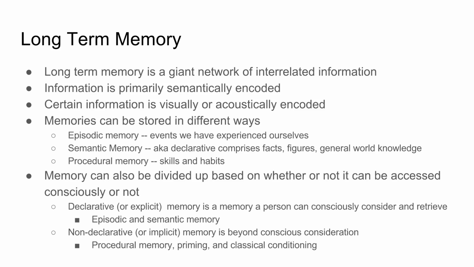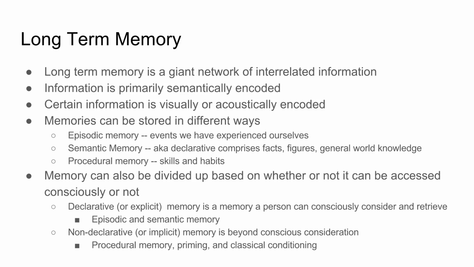Another way is whether it can be accessed consciously or not. And so if we divide memory in that way, there's two types. There's either declarative or explicit memory. That is memory a person can consciously consider and retrieve, episodic and semantic memory. If you're asked to remember 5 times 5, or if you're asked to remember where you went to elementary school, those are episodic and semantic memories, and you can think about them and access them.